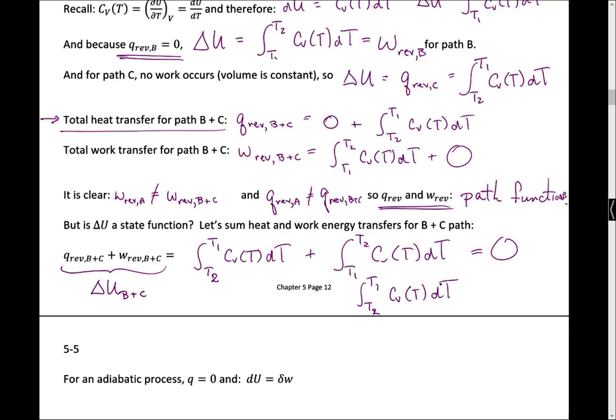I need a negative sign in front of it. And if you look at it from that point of view, it's pretty straightforward. This is exactly the same as this, so they have to go to 0. And that's what we showed was the same as delta U for path A, our isothermal process. So what we've demonstrated is that even though heat and work transfer are not state functions, the sum of heat and work, as long as my end points and starting points are the same, gives the same energy change for the system.